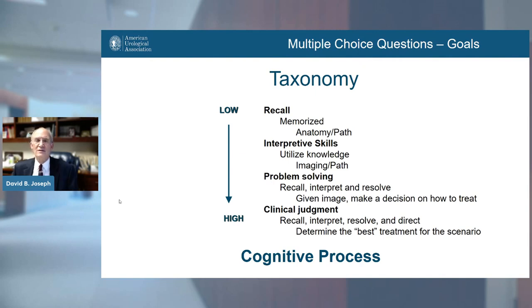Clinical judgment questions are psychometrically very sound and appropriate and extremely difficult to write. And honestly, these are probably better suited for activities that require high stakes exams, maybe certification. For the most part, the questions that you're going to be writing will deal with recall and interpretive and problem solving skills.